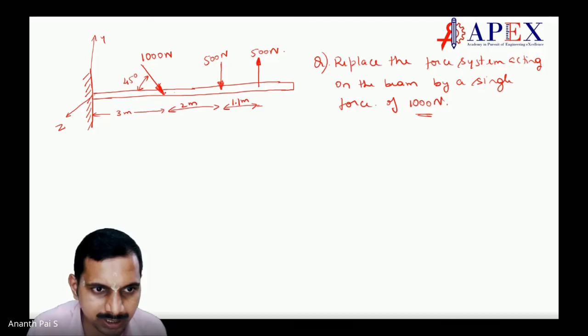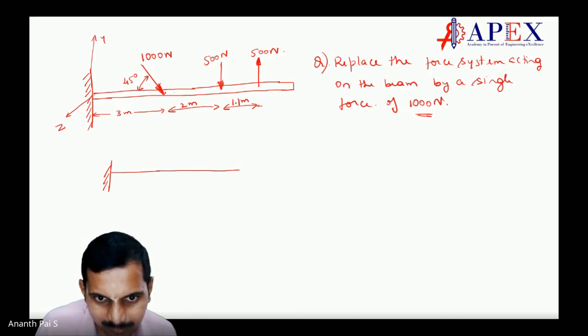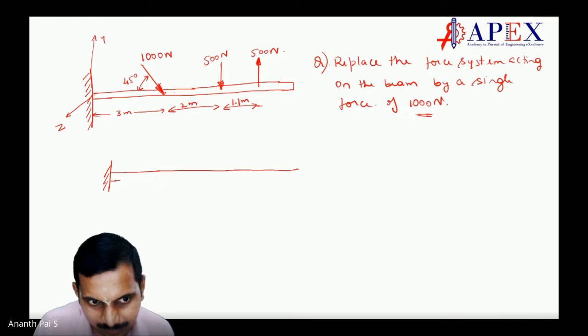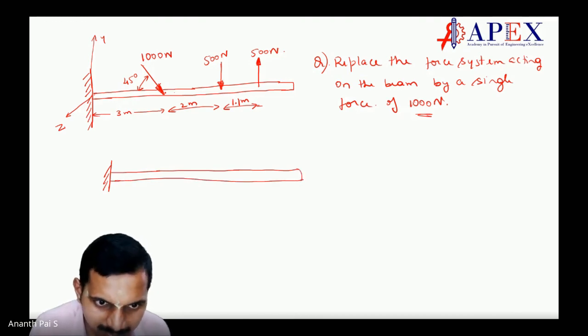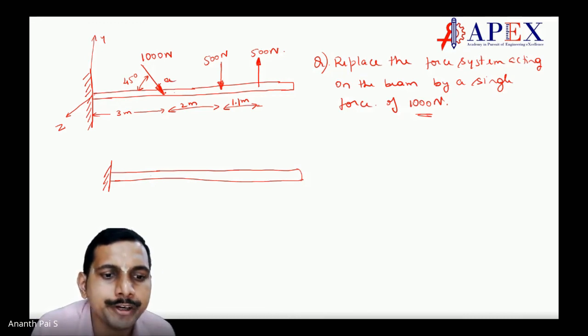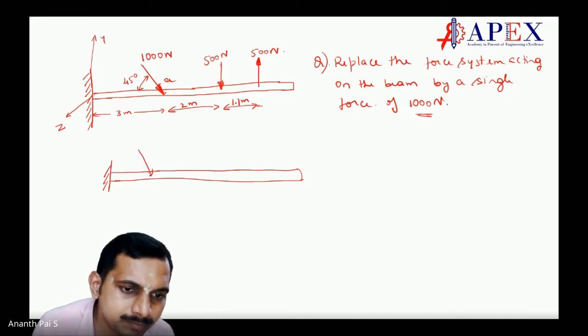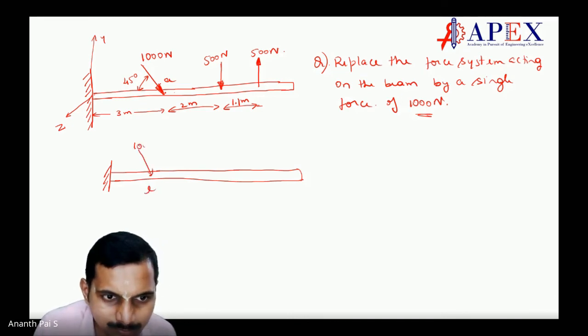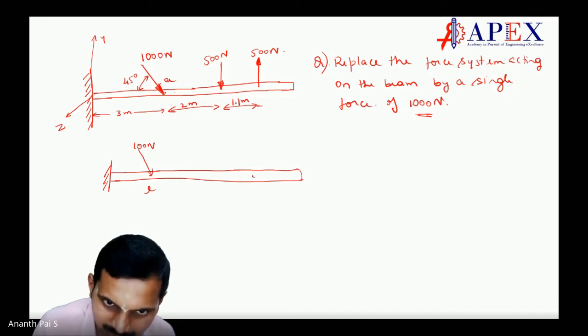Sir, now we have to find the value of E, no, sir? Yes, you have to find out the distance E, correct? It may be anywhere. So this is point A, and somewhere you will have point E, 1000 Newton, or it may be somewhere here.